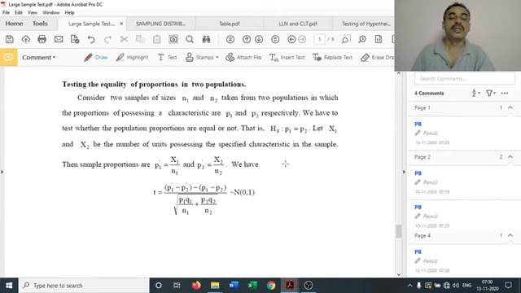So the next test is regarding equality of proportions of two populations. So here we have H0: P1 equals P2. Here we have two different samples of sizes n1 and n2. n1 is the size of the sample drawn from population 1, and n2 is the size of the sample drawn from the second population.